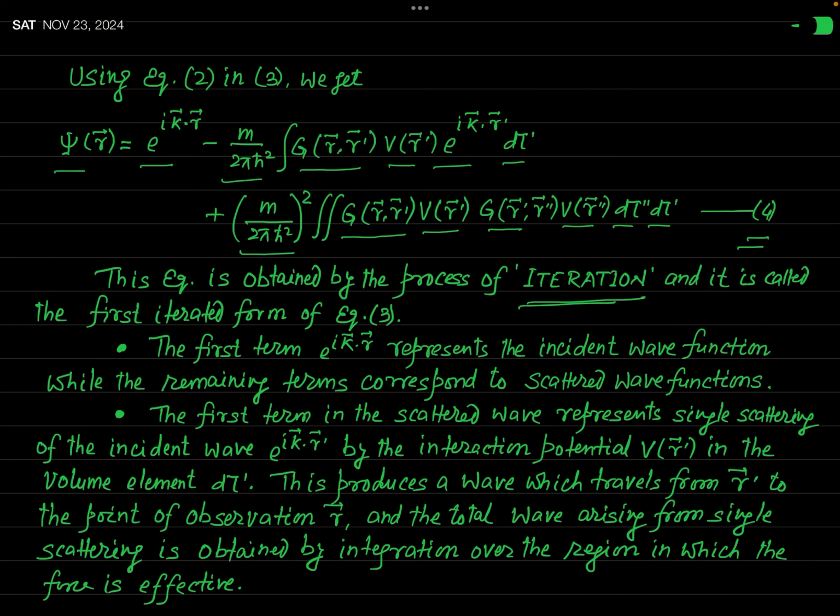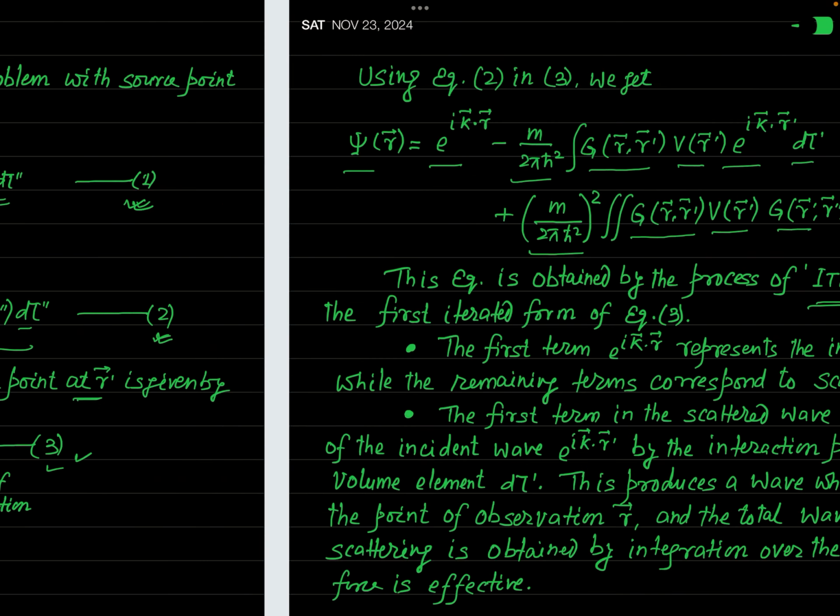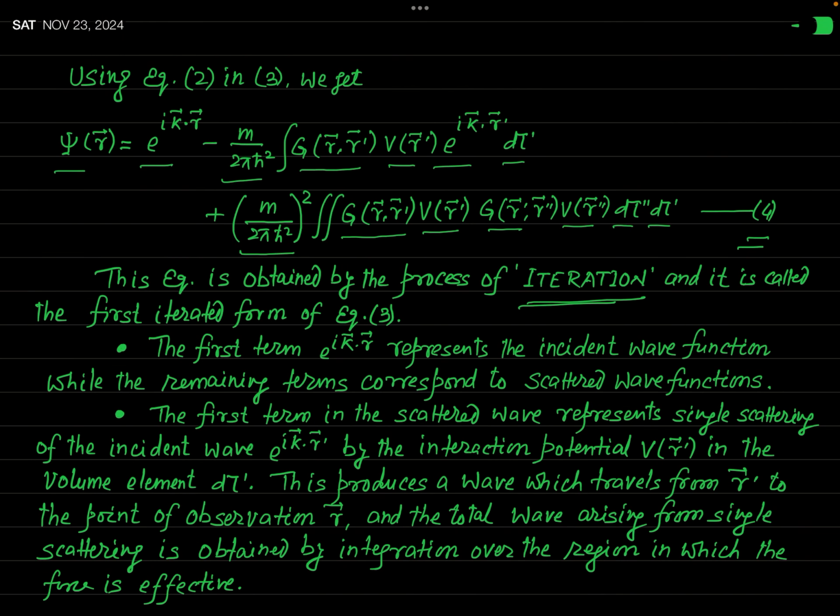By the process of iteration, this equation 4 has been obtained, so this equation is called the first iterated form of equation 3. So equation 4 is what? This is the first iterated form of equation 3.